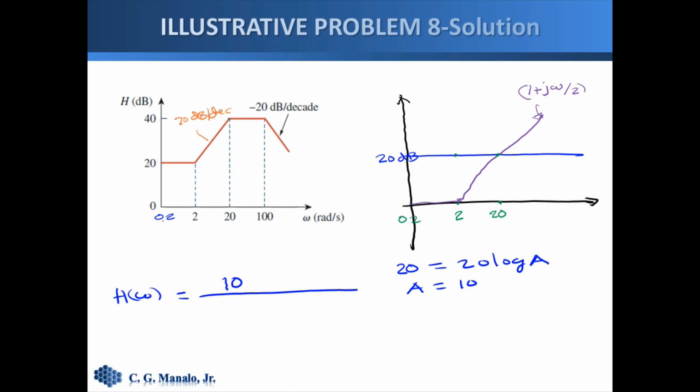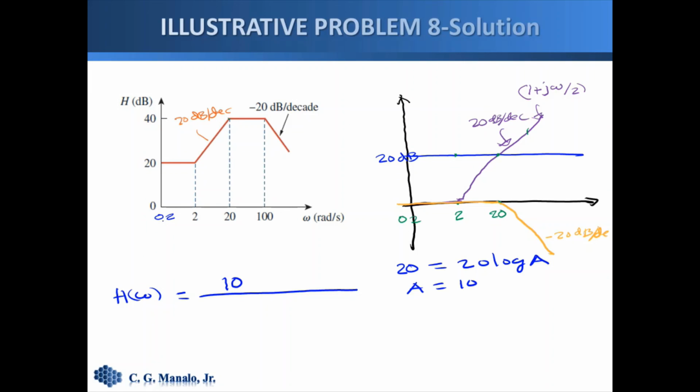That means that something must have offset this line here, and that can only be caused by a simple pole that is like this, where this is negative 20 dB per decade. So take note, this is 20 dB per decade.